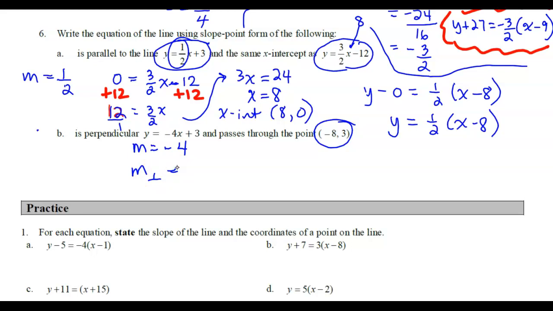Okay, 1 point. Right, with the help of Seth behind me. So 1/4. So now we don't really have to do anything else except substitute in our point and our slope.